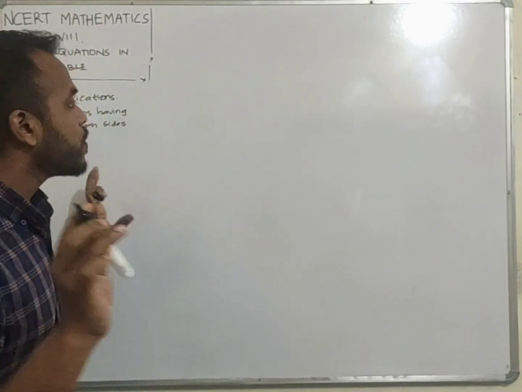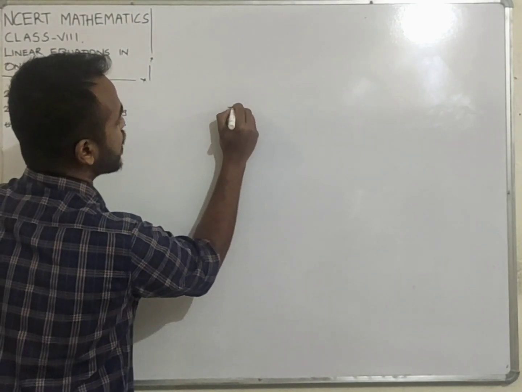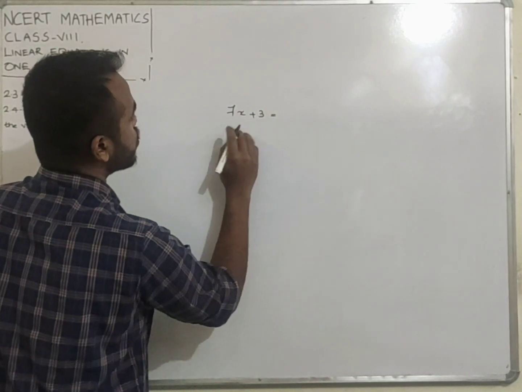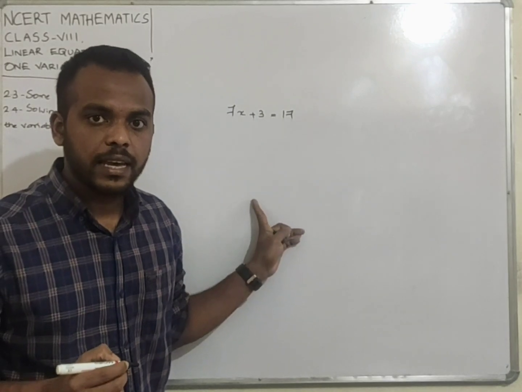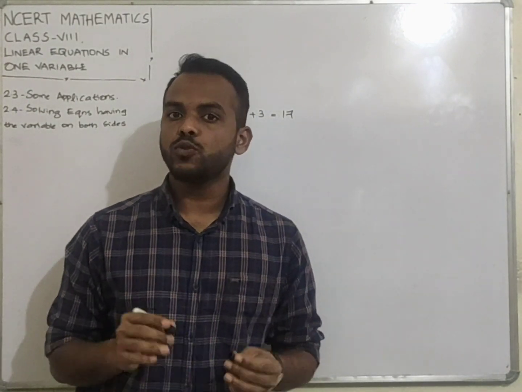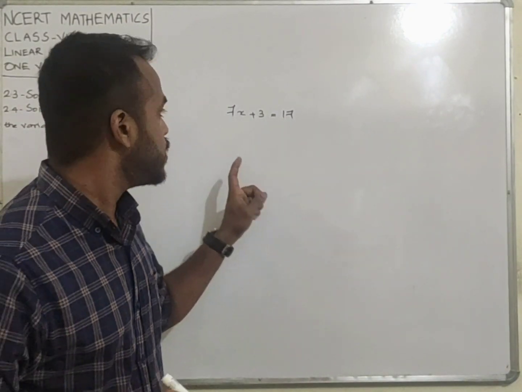I will begin with a basic question. Suppose there is an equation 7x + 3 = 17, then what is the value of x? You would probably have already learned this in your lower classes. If you have not, no worries, just listen here.